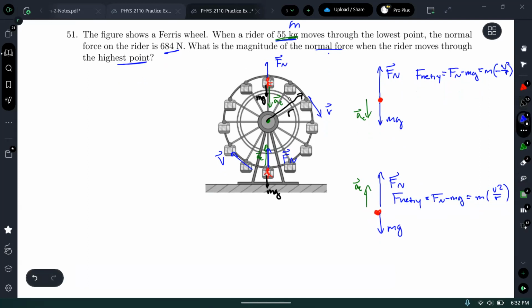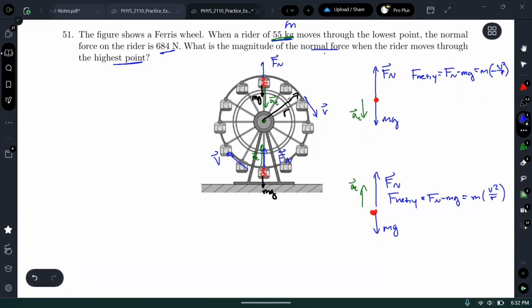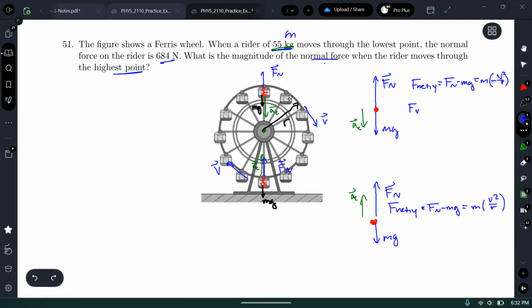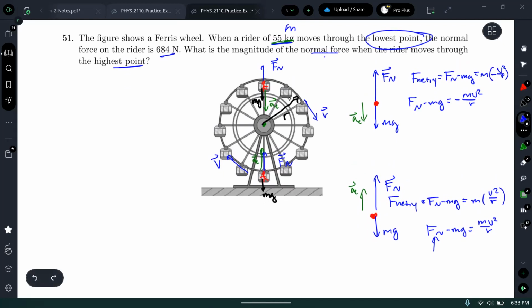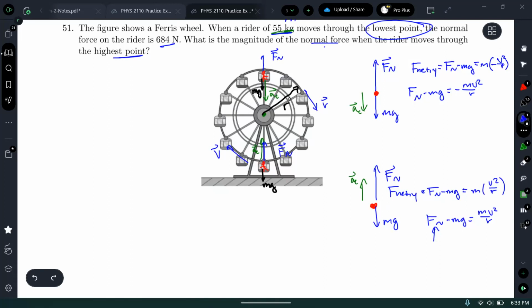Okay. Now we're about ready to figure this out. I'm going to simplify a little bit. So Fn minus mg equals negative mv squared over r for this one, and then Fn minus mg equals mv squared over r for the guy at the bottom. I'm told about the lowest point normal force. That means I know this one. I don't know this one up here. They're not necessarily the same. So maybe I'll add a subscript just to make that clear.